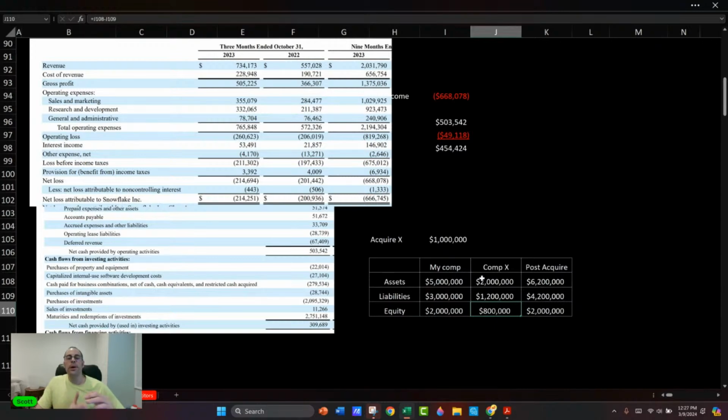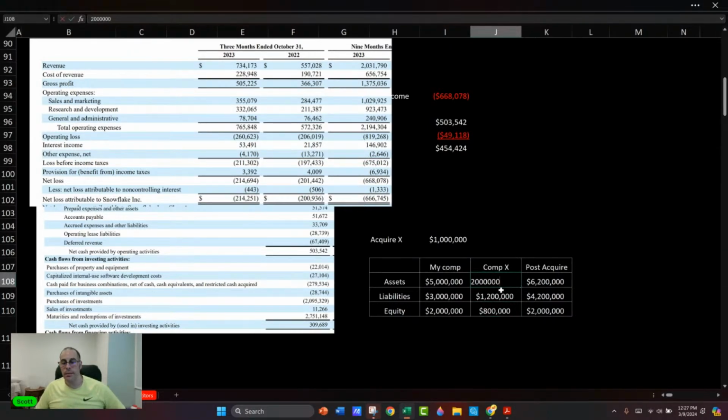Yeah, so goodwill is just what you pay above what a company's worth. So if I acquired company X for $1 million, I would get $2 million of their assets, $1.2 million of their liabilities. Since that doesn't equal $1 million, I have to add $200,000 to goodwill, which is an asset.